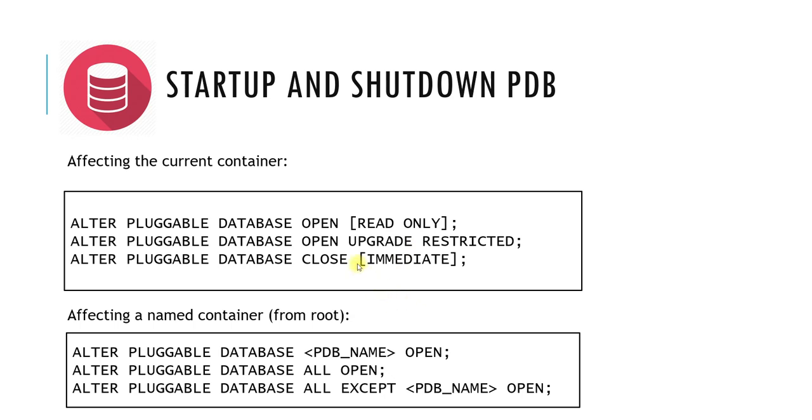If you want to put the database in read write mode, you will say alter pluggable database open, because read write is optional, as it is in square brackets. If you want to put the database in upgrade restricted mode, you have to say alter pluggable database open upgrade restricted. If you want to shut down the database, you will say alter pluggable database close.